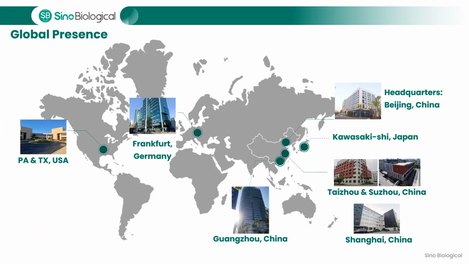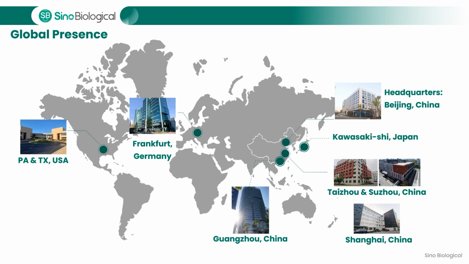At Sino Biological, we have established a strong global presence, with our headquarters located in Beijing. In addition to our main office, we have placed branches in various cities to better serve our customers. Our branches can be found internationally in Tokyo, Japan, Frankfurt, Germany, and in Pennsylvania and Texas in the United States.